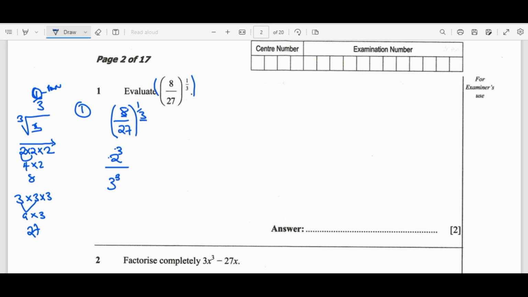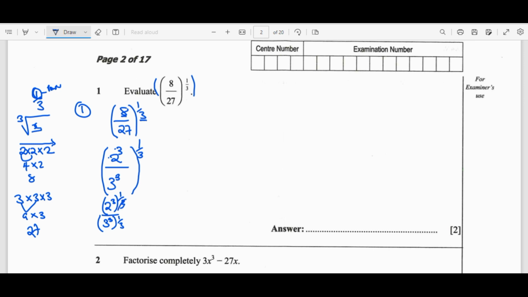And then you can put them in brackets, so meaning that this one and this one are one and the same. We put it as 2 raised to the power 3 over 3 raised to the power 3 in brackets, and then we put the power which is given there, 1 over 3.